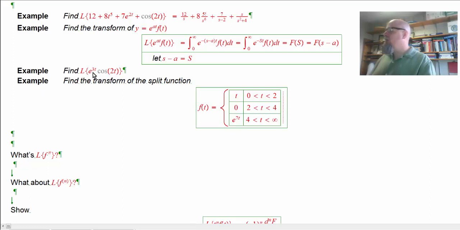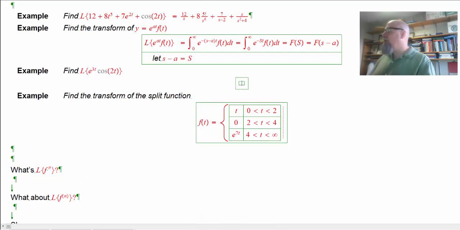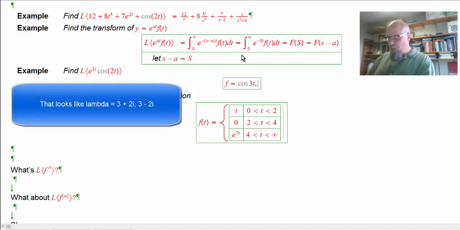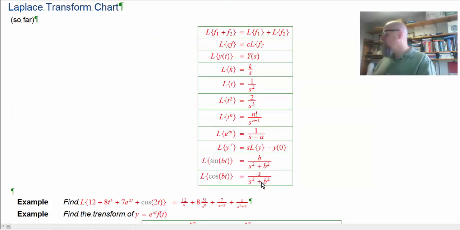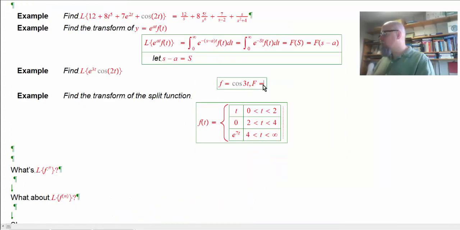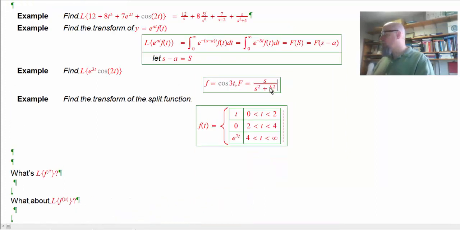Let's transform this e to the 3t times cos 3t. Now, if f was equal to cos 3t, then big F would be, I'm using my rule up here, s over s squared plus b squared. So this would be plus 9.